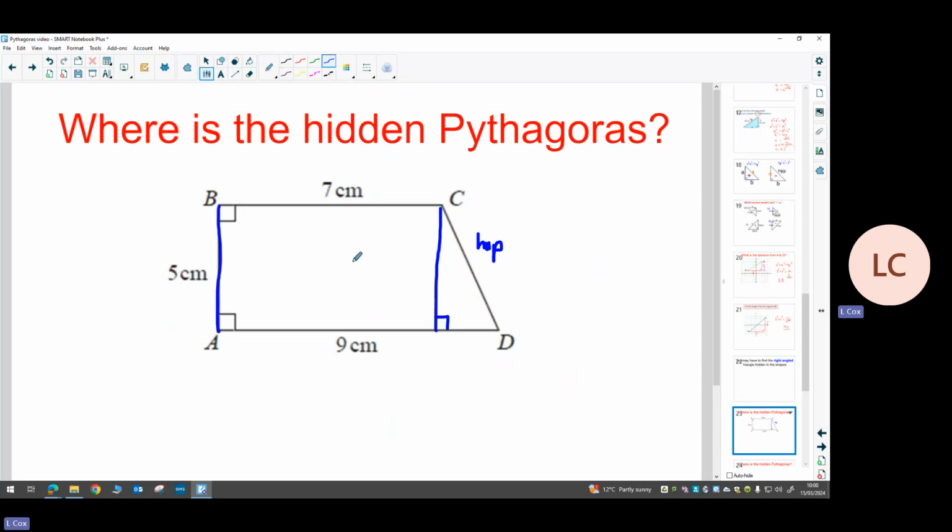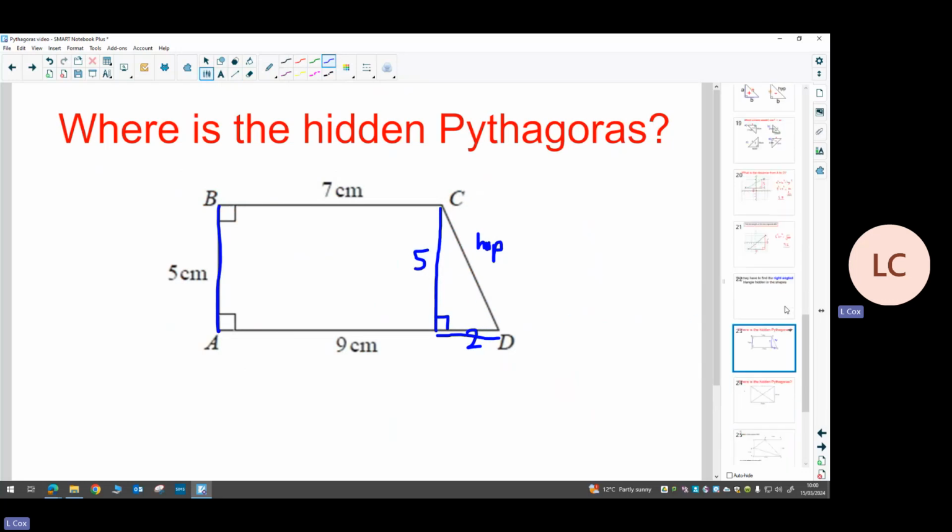It's the same as this 5, so I put 5 here. Now I don't know at the moment this little one, but these numbers are going to help me. 9 all the way across, 7 all the way across to there. 7 add 2 makes 9, so this one must be 2. So I've found my right-angled triangle to do the Pythagoras.